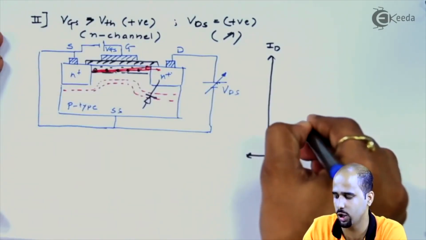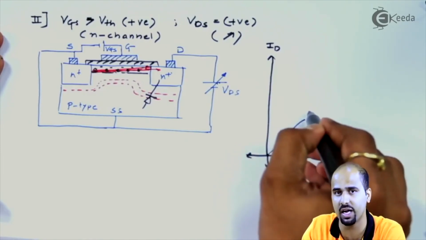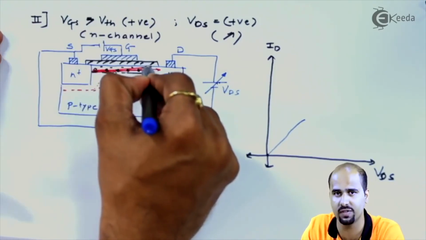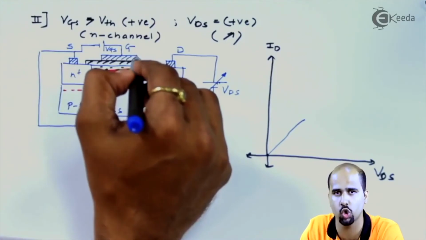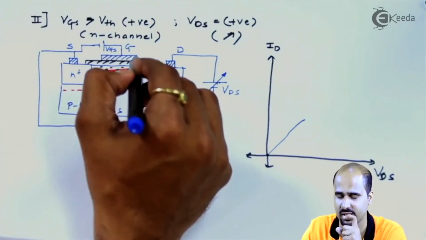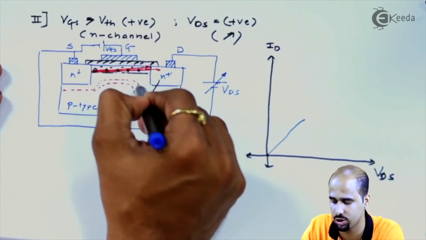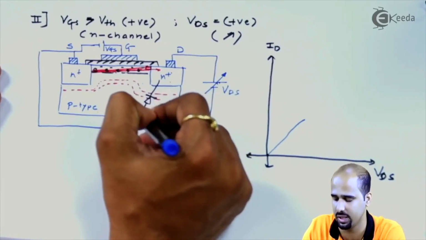As the current increases, the width of the channel region towards the drain side will decrease, and that reduced space is accommodated by the junction formed by the drain and substrate interface.